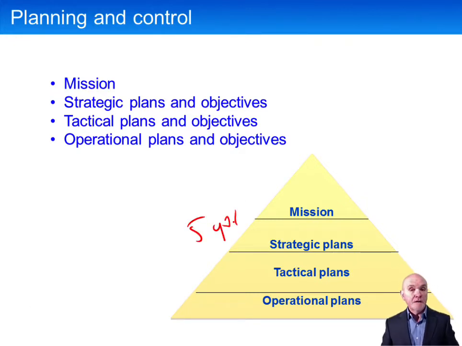And then that will go down into tactical plans. Think of tactical plans as a budget for 1 year. And then operational plans can be daily plans. So that in a hospital you have to make sure that there are enough doctors and nurses who are due to come in. In an airline you have to make sure the pilots and the cabin staff have been properly timetabled as well.